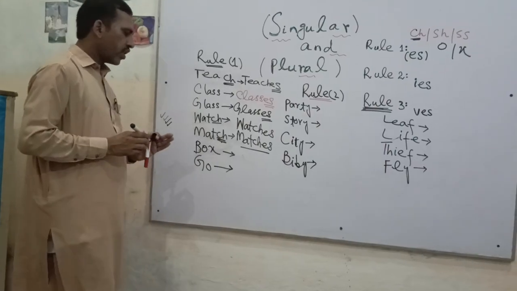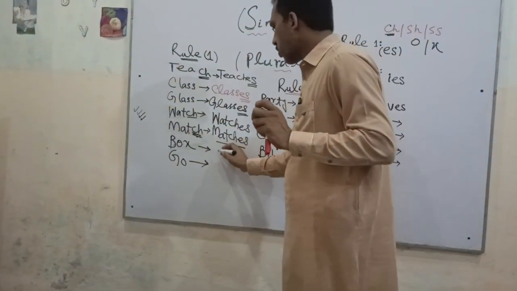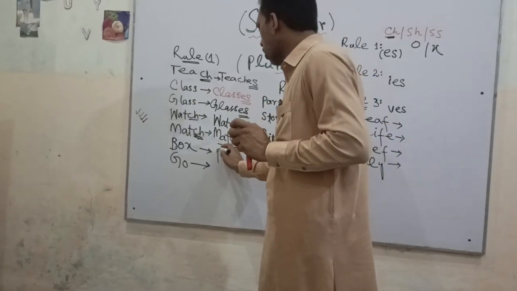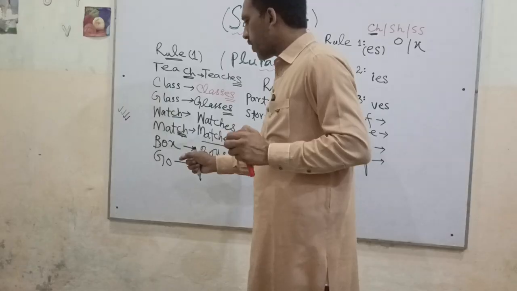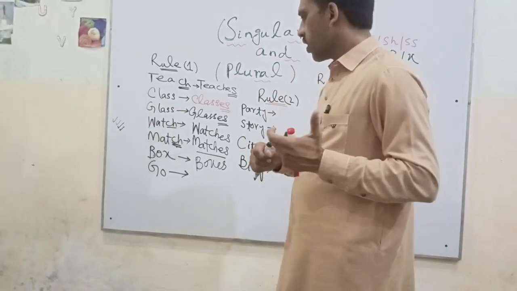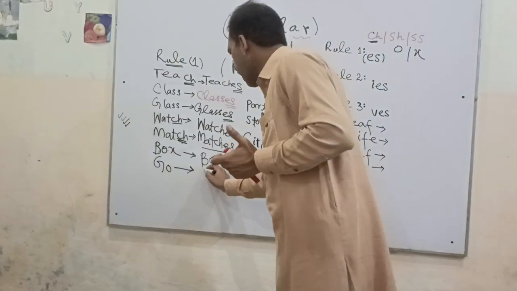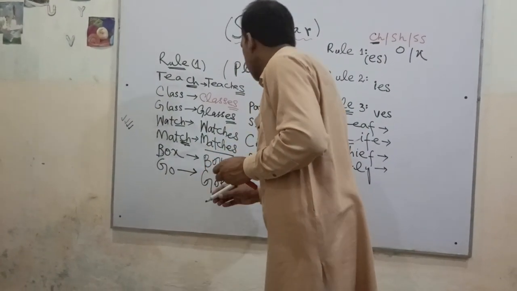And box, we add es to make the plural form boxes. In the same way, go is an action verb, so we add es to make the plural form goes.